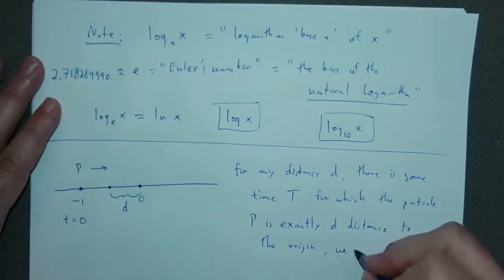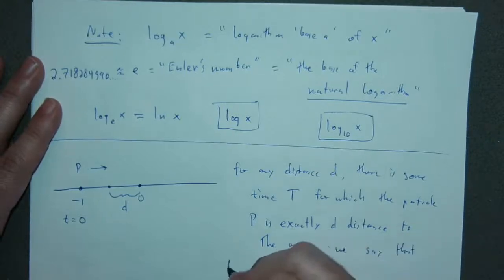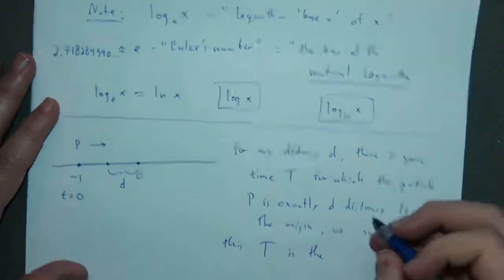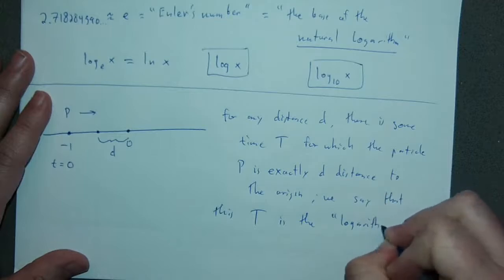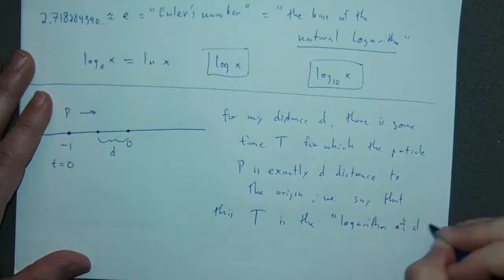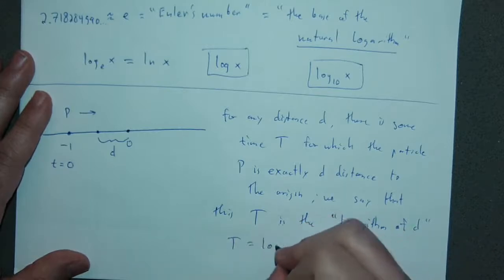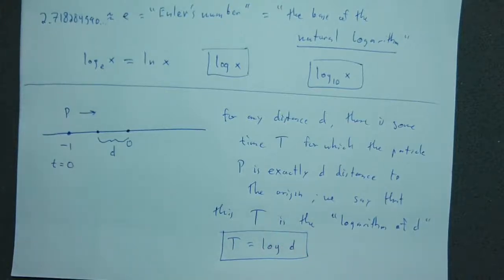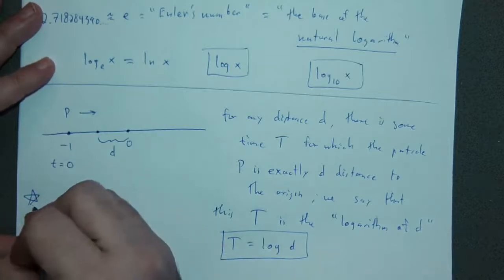So we say that this t is the logarithm of d, and we write that t is equal to log d. Now, written in this way, here's the big note that is very important for the rest of this discussion today.